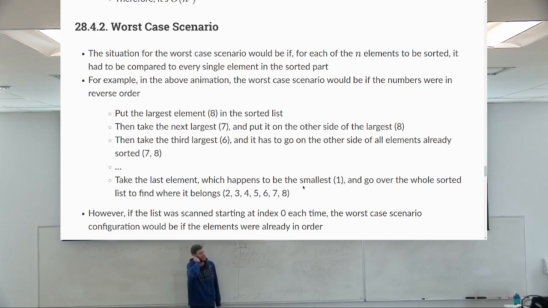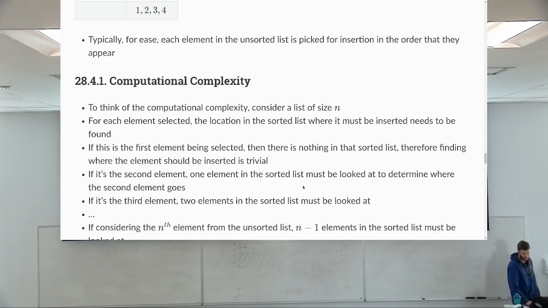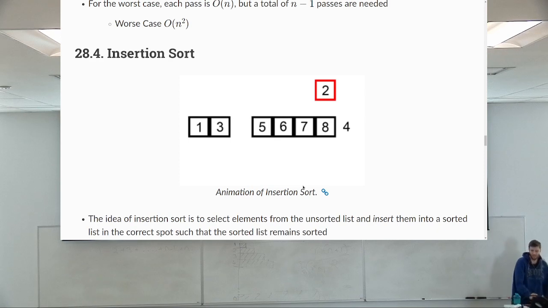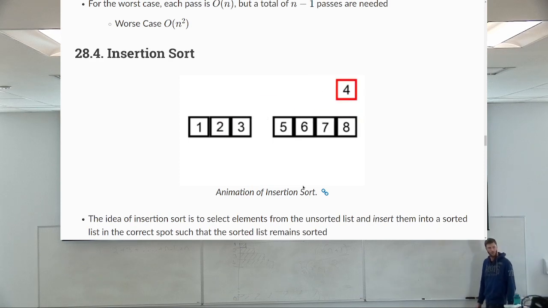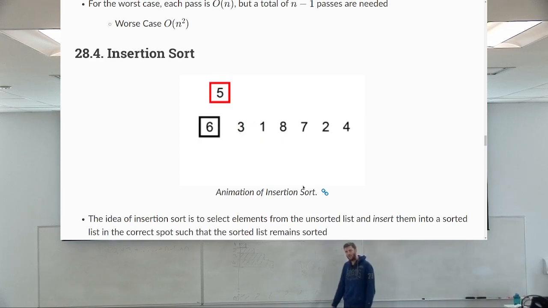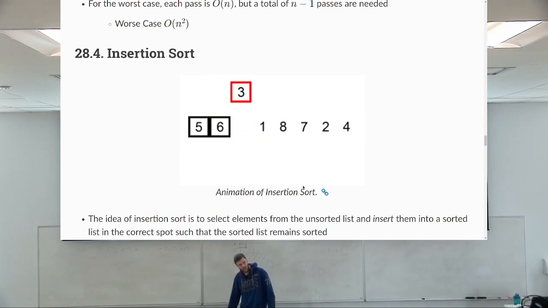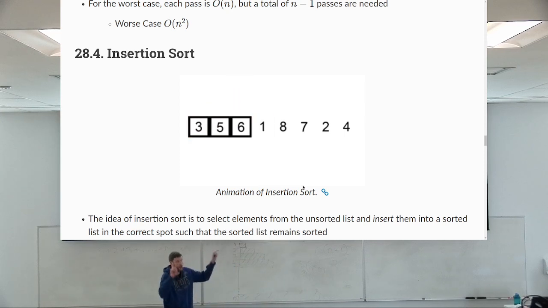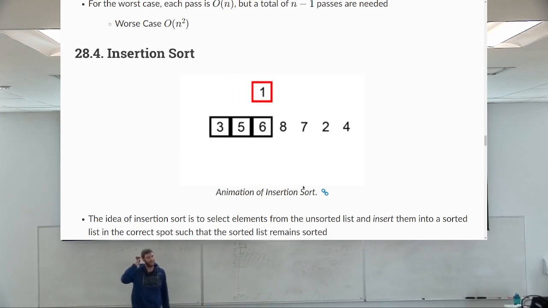Because if we go back and look at this implementation, it starts scanning the list in reverse, right? If you're scanning the sorted list in reverse, the best case scenario is going to be if the elements are already sorted.